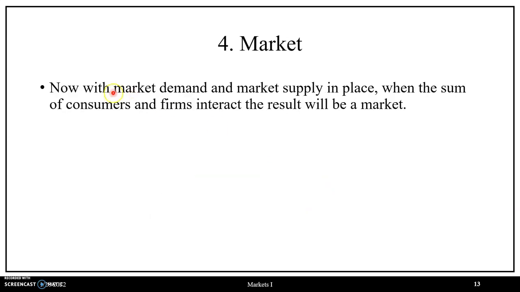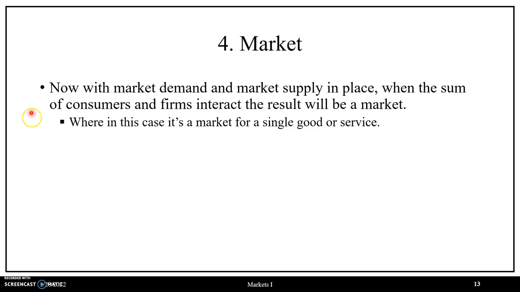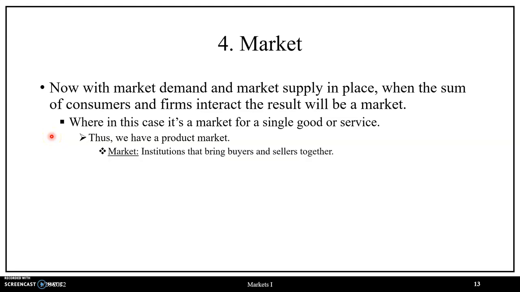So then, now that we've considered both market demand and market supply, let us sum the 2 together, as that will give us the interaction between consumers and firms and will generate us a market. Or in this case, it's the market for a single good or service, and since it's for a good or service, we have a product market.